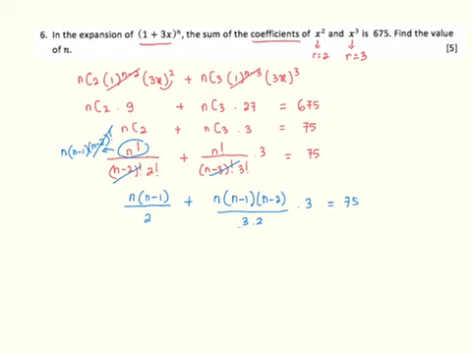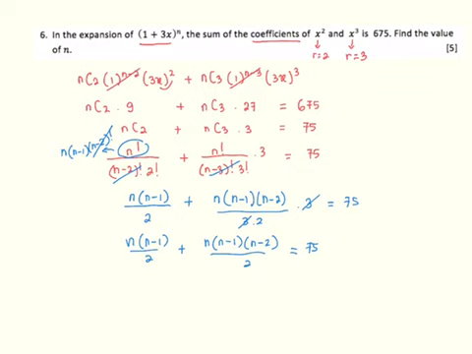So I can cross this 3. Now I have (n minus 1) over 2 plus (n minus 1)(n minus 2) over 2 is equal to 75.